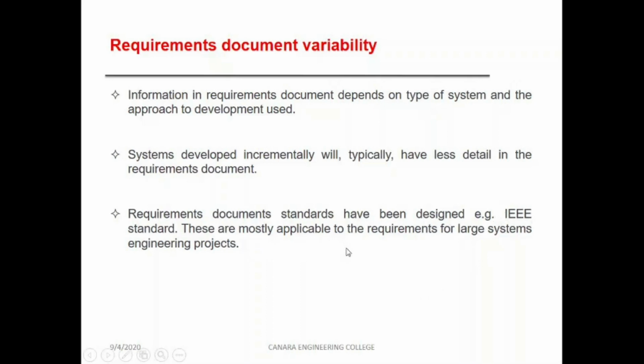You can see your textbook also. They are formed in IEEE standards itself. First there is a glossary, contents, then introduction, chapter-wise, and at last the appendix. This is the format given by the international standards body, IEEE, the Institute of Electrical and Electronics Engineers.